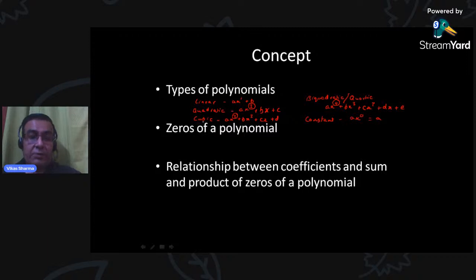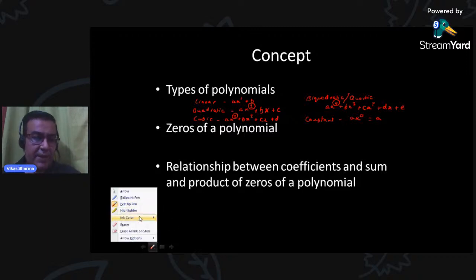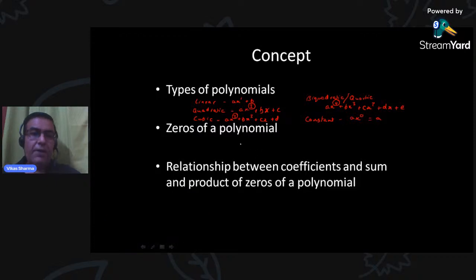And then we come to the zeros of a polynomial. So let me change the color of the pen. I prefer to have white because when I write in red, it may not be very clearly visible to you.